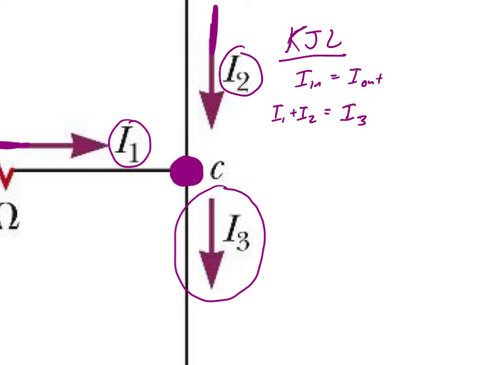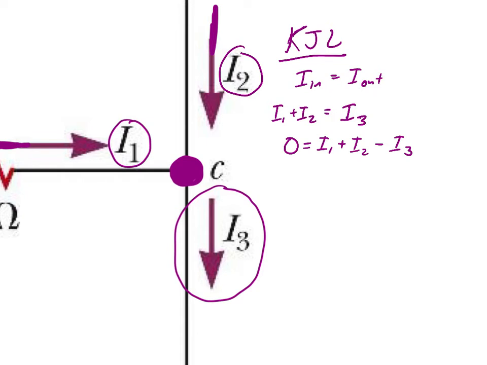I'm going to rearrange this equation so that it's useful for some purposes we're going to have later on. Specifically, I'm going to rewrite this so that 0 is equal to I1 plus I2 minus I3.